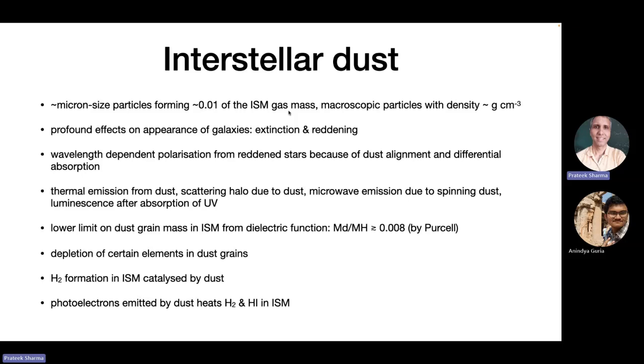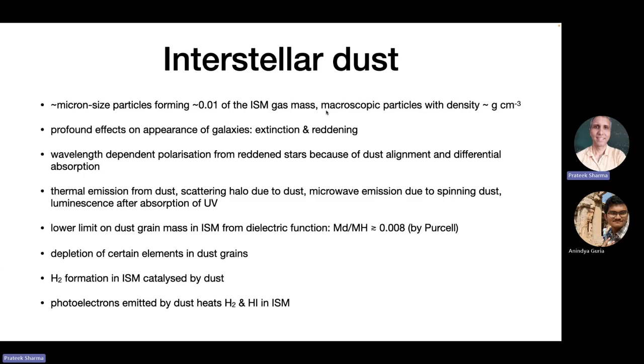At the very beginning, we were talking about how the presence of dust makes the galaxy appear red. Even though it's subdominant by mass, it is very important because of observational consequences.